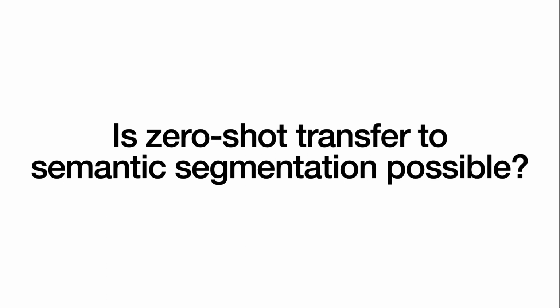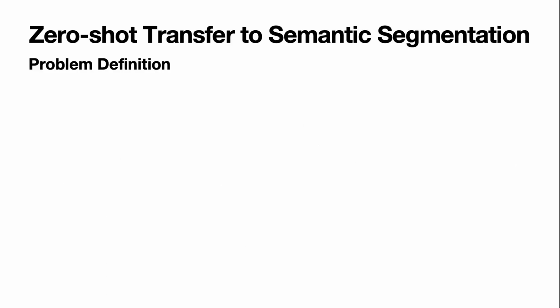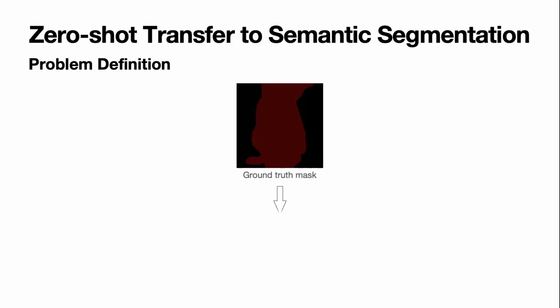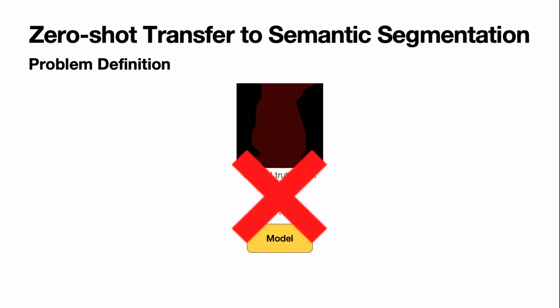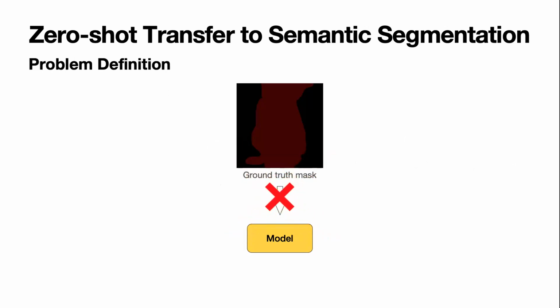And here, I just want to make clear what the problem definition was. Normally when you're training a model for semantic segmentation, you have ground truth labels available, you train your model with those. In this case, we're assuming that we have literally no ground truth labels at all.